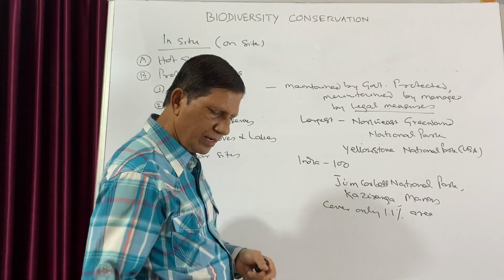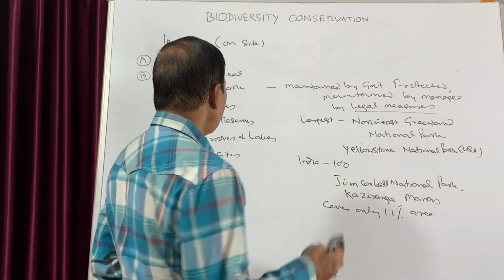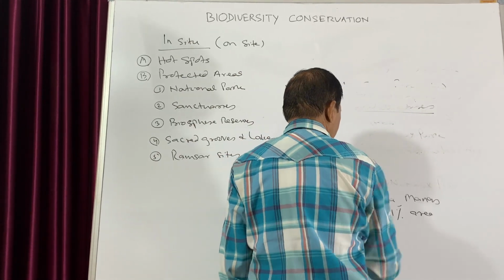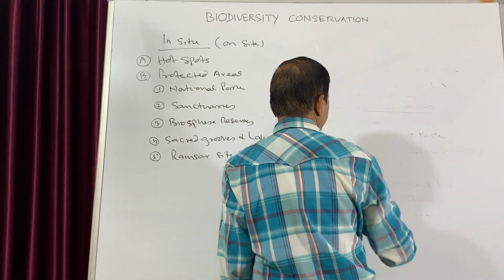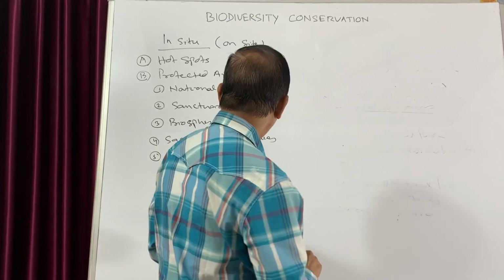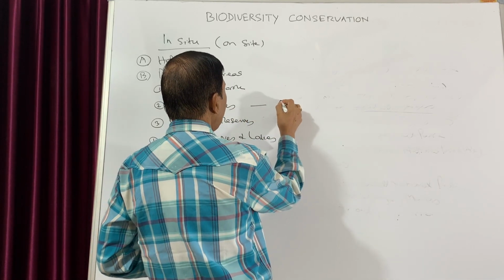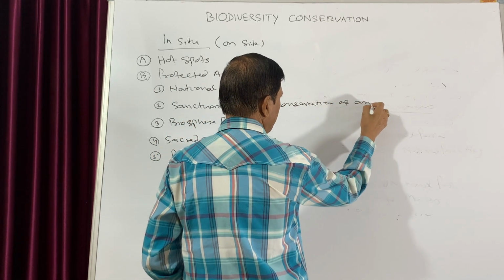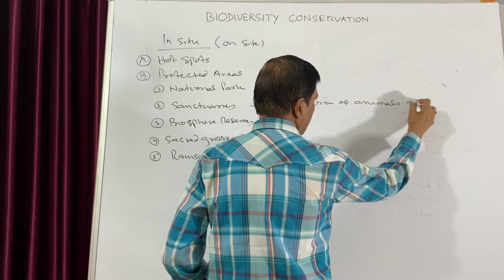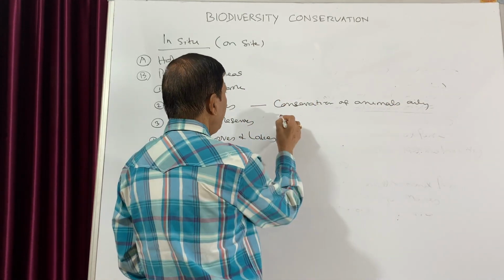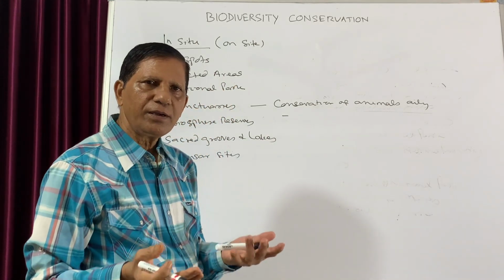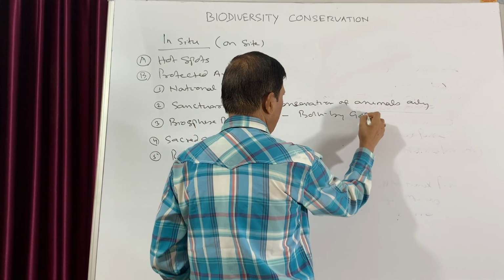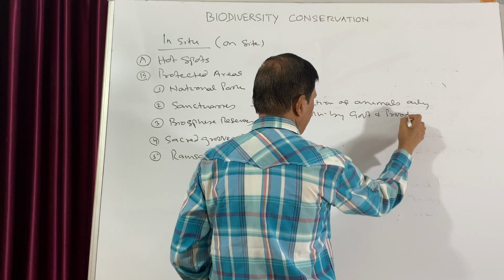Now come to the second one, that is sanctuaries. In sanctuaries, there is conservation of only animals, not plants. That is important from the examination point of view. It can be maintained both by government and private organizations, or ownership.